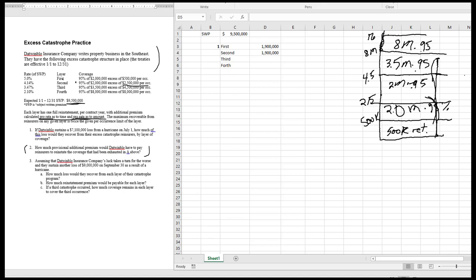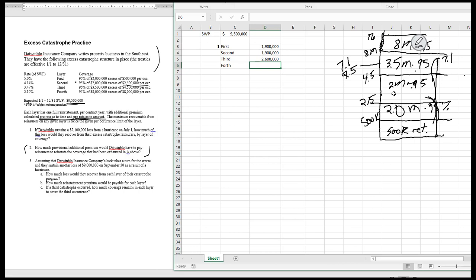Now let's calculate the recovery from the third layer. So on this third layer, the loss went up most of the way through the layer, but not all the way. So we take 7.1 million, which is the loss, remember, and subtract the 4.5. So we have 7.1 million minus 4.5 to give us 2,600,000.